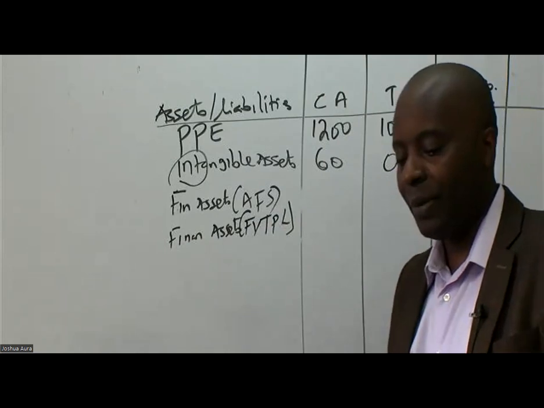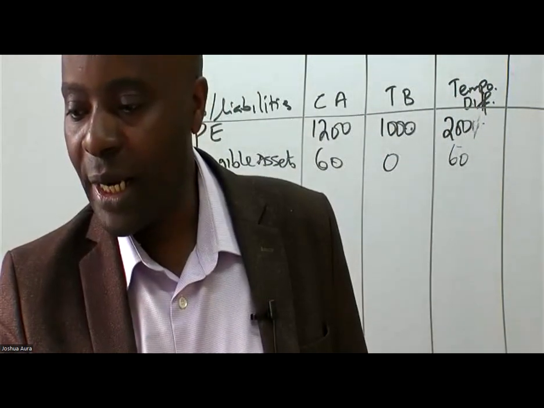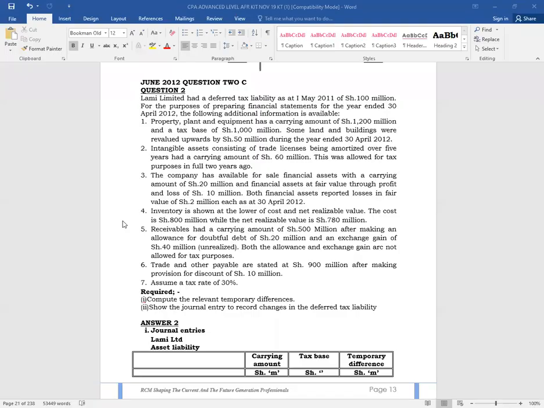They've told us something very easy here: the company has available for sale financial assets whose carrying amount is 20, and financial assets at fair value through profit and loss of 10.